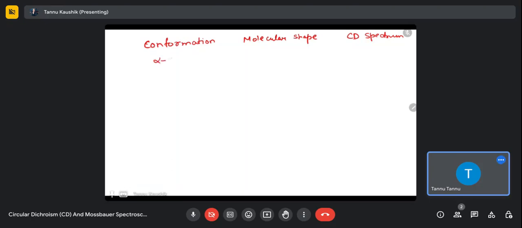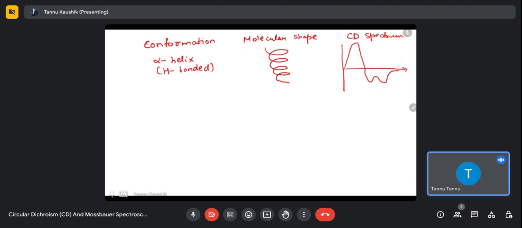If we have an alpha helix hydrogen bonded chain, we will get a helical molecular shape, and the CD spectra will be the values I have already mentioned in the above slide.